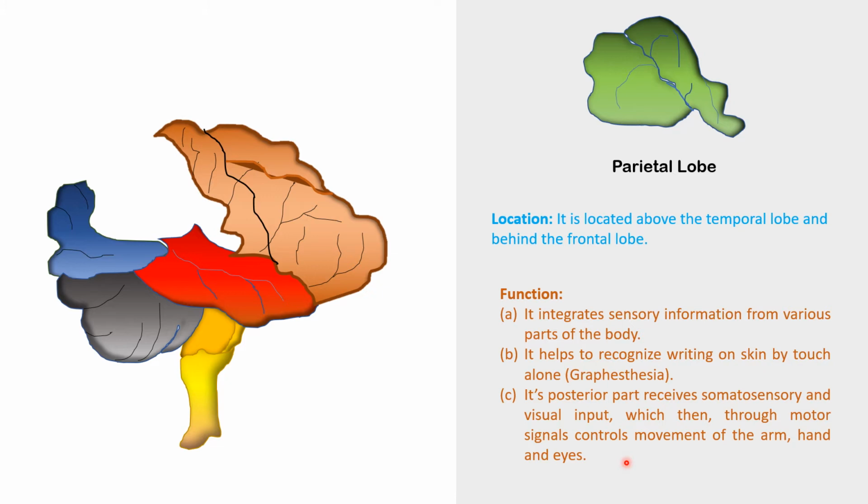Your eye observes the flower, and the parietal lobe coordinates this sensory information with the movement of the arm and hand, then you go there and pluck the flower. This coordinated activity is totally controlled by the parietal lobe of the brain.